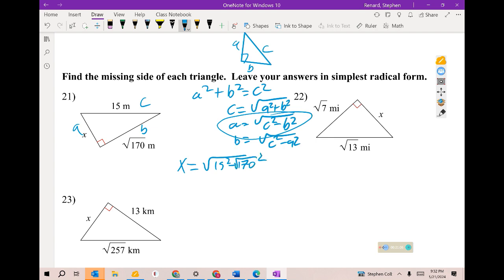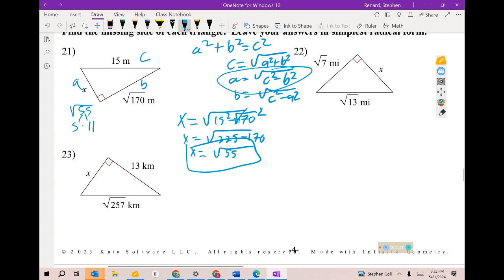Now notice when we square a square root, it just disappears. So 15 squared is 225 minus 170. So x equals the square root of 55. There's no simplifying that. The square root of 55 would be 5 times 11. Both of those are prime numbers, so there's nothing doing. So x is the square root of 55.